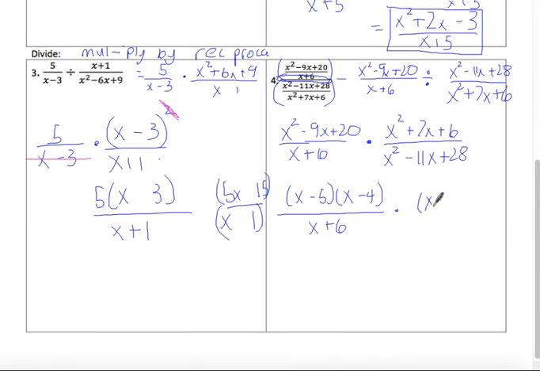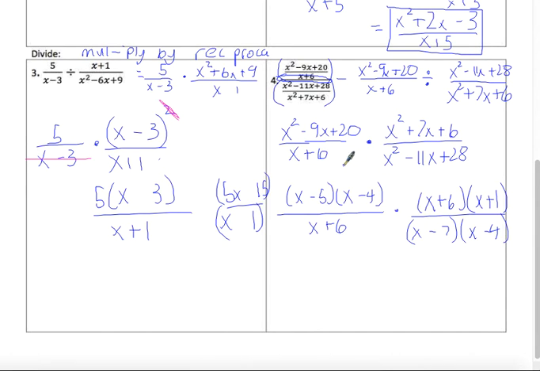That's x plus 6 and x plus 1. And numbers that multiply to 28 and add to negative 11. And that is x minus 7 and x minus 4.